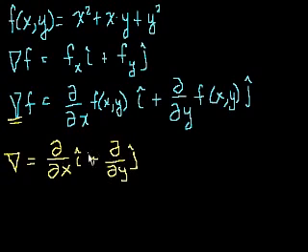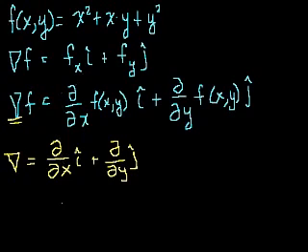And then if you wanted to do it in 3-space, that's not going to apply to our problem because we only care about 2 dimensions right now, and you'll see what I mean, because even though we're applying it to a 3-dimensional surface, you could then do the partial with respect to z times the k vector, and then you could extend it to n dimensions, but it becomes very hard to visualize. Actually, it becomes hard to visualize beyond what we're doing right now.